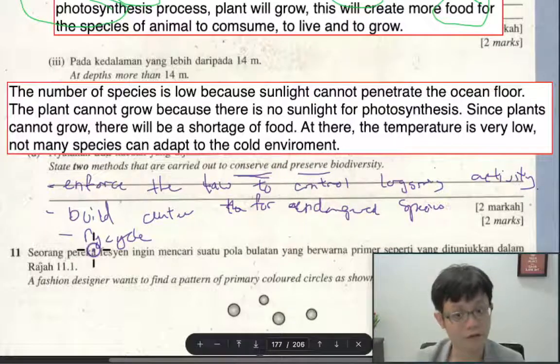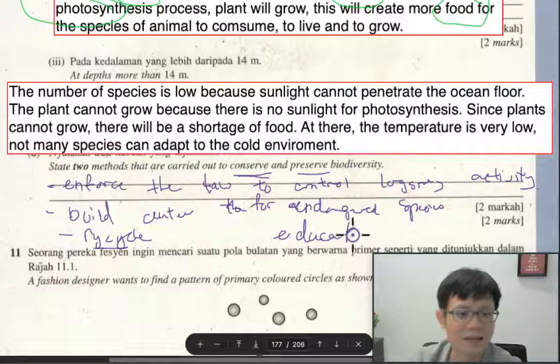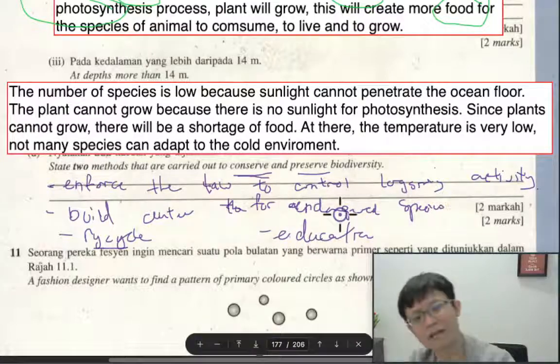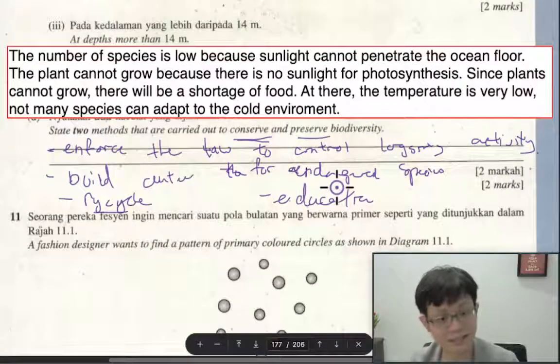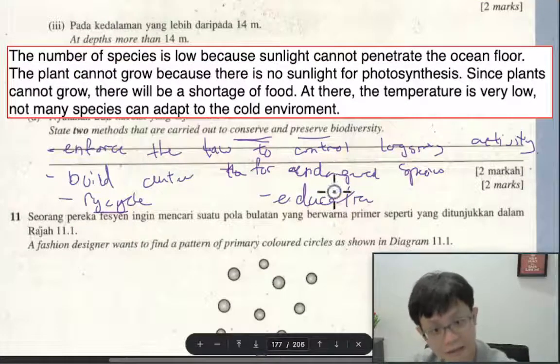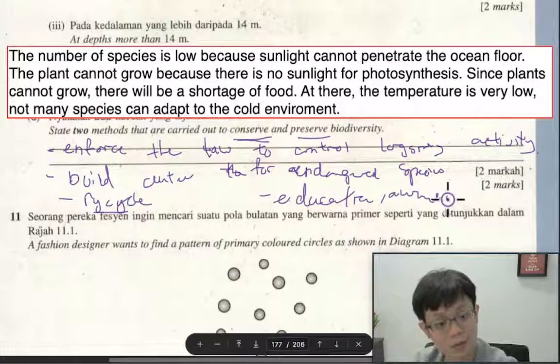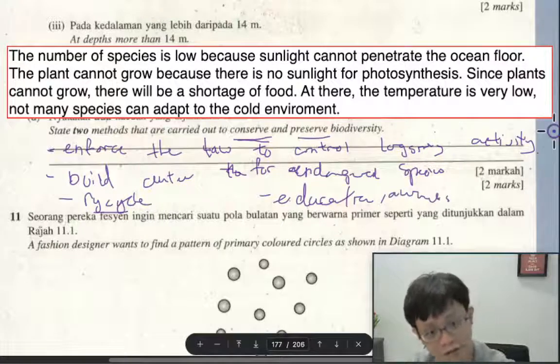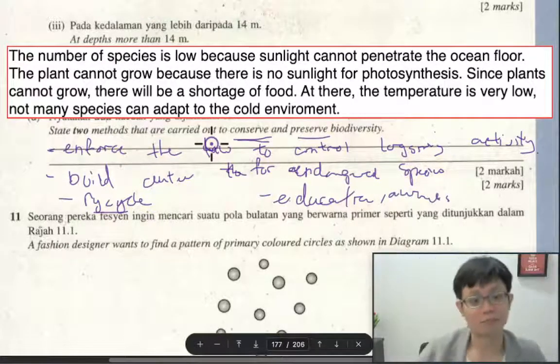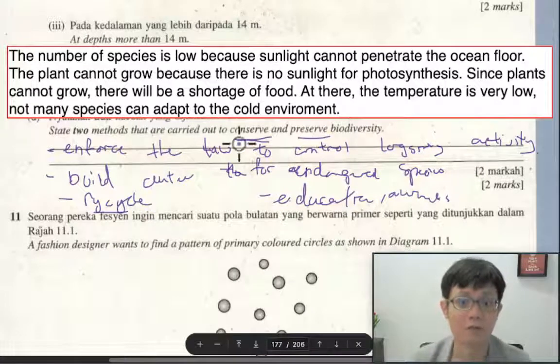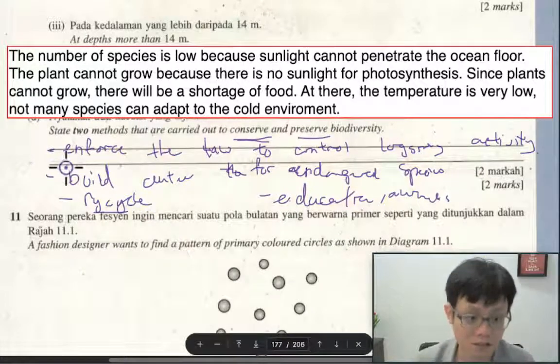Or you can say education. This one is same like Malay essay lah, mengadakan campaign, but in English usually we don't say campaign, we say to increase the awareness and the education, so that people know. When people know, they will be more careful, they will be more responsible citizens, and they won't simply throw the rubbish.